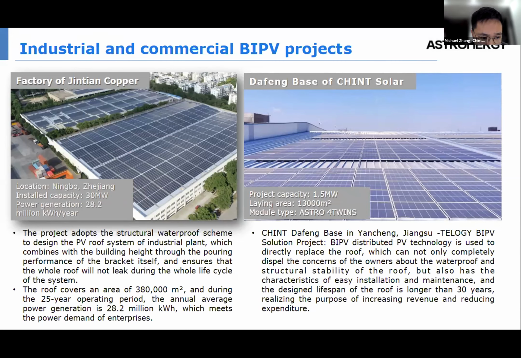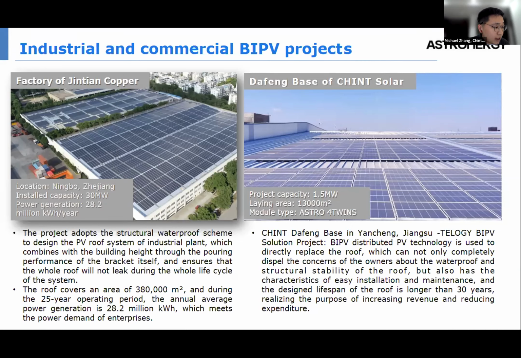The project adopts a structural waterproof scheme to design the PV roof system of the industrial plant, which combines with the building height through the pouring performance of the bracket itself, and ensures that the whole roof will not leak during the whole life cycle of the system.